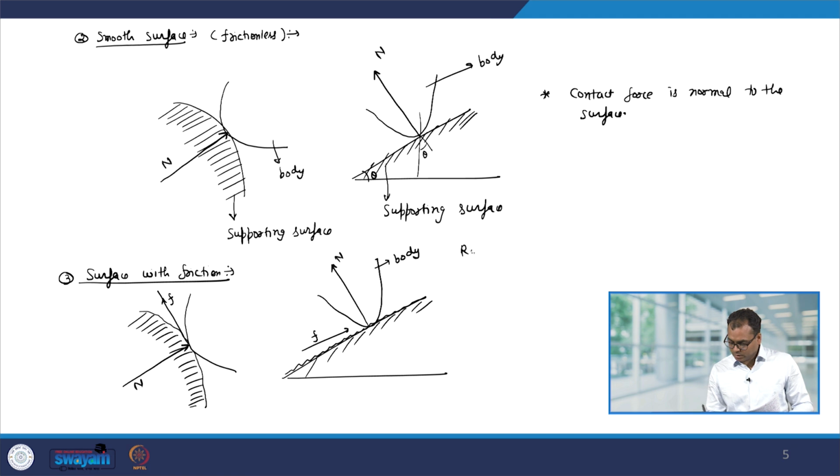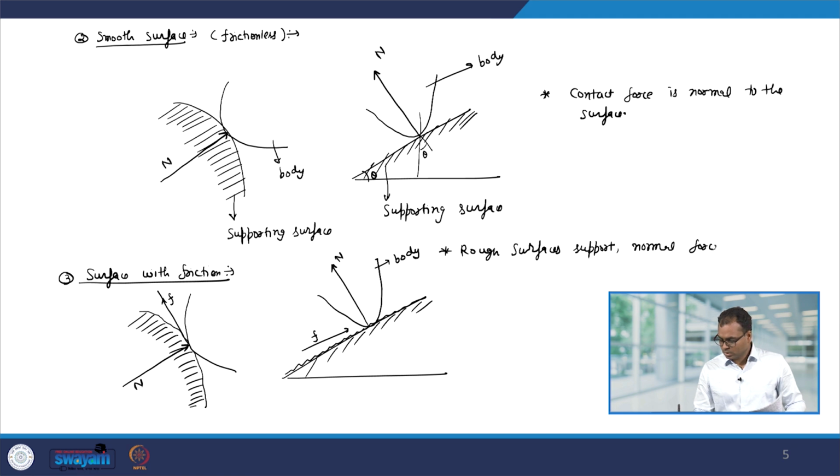So, the rough surface supports a normal force N and also a friction force F, and this F is parallel to the surface.